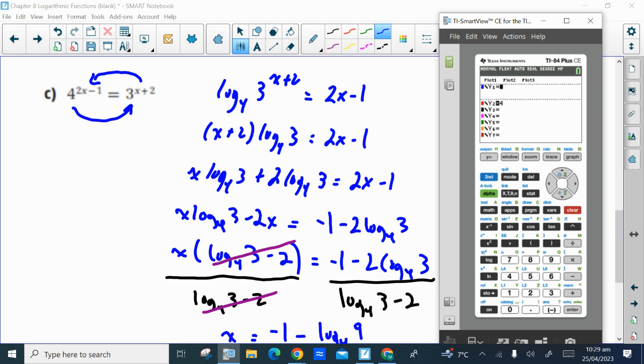So if I want to check C graphically, my first equation will be the left side, 4 to the power 2x minus 1. The second equation will be the right side, 3 to the power x plus 2. So just check both those, 4 to the 2x minus 1, 3 to the x plus 2. Zoom 6 to set our windows to their standard settings.